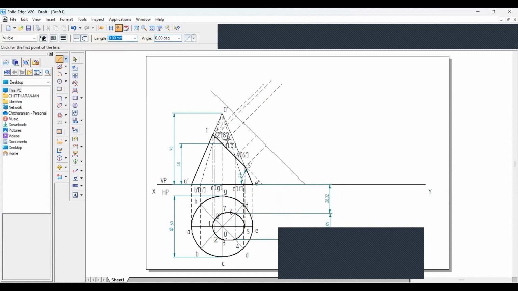Now draw the lines. The angle must be 45 degree and the length is 28.32, and now again angle is 45 degree, then 26.09, and only one we have left. Delete it.